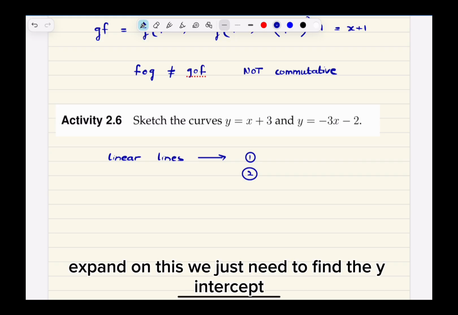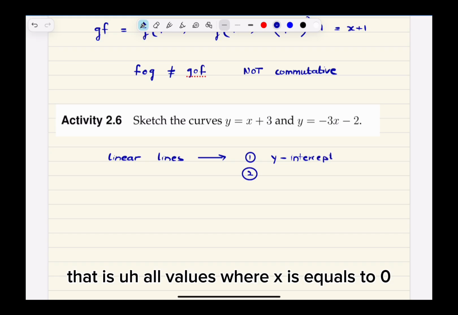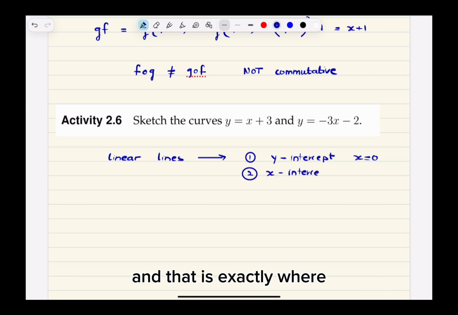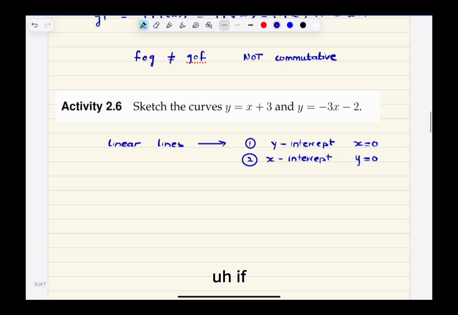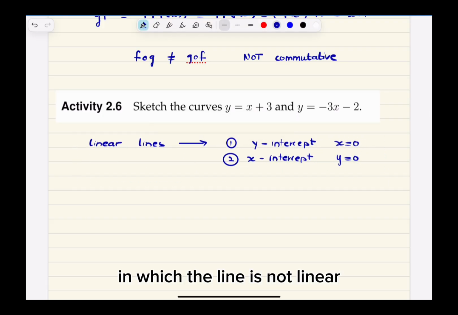To expand on this, we just need to find the y-intercept, that is all values where x is equal to 0, and the x-intercept, that is exactly where y is equal to 0. Suppose they give you a question in which the line is not linear.